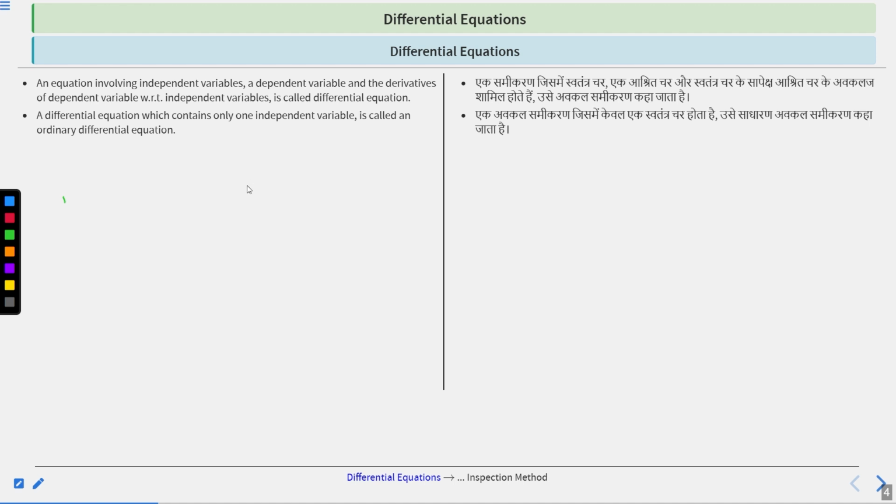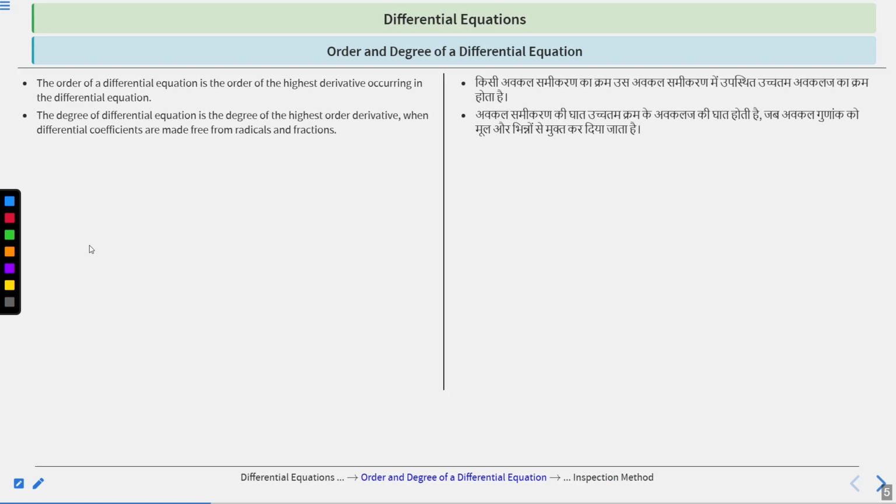That is, an independent variable, that is x, a dependent variable, that is y, and the derivative of the dependent variable with respect to the independent variable, that is dy upon dx. So if these things are given, then we can say that the equation is a differential equation. The differential equation which contains only one independent variable is called an ordinary differential equation. Clear?